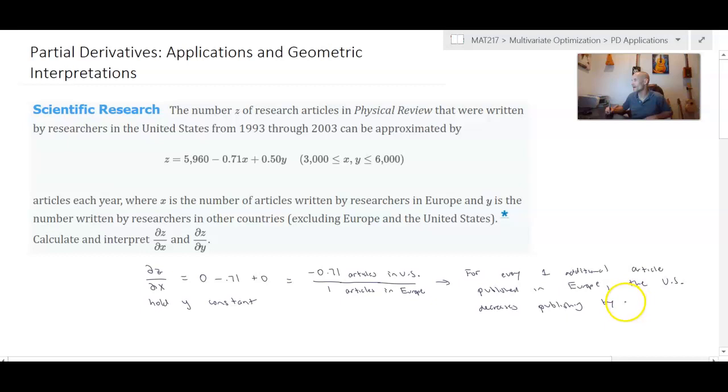So I'll just say by approximately 0.7 articles. In other words, as Europe continues to publish, the trend seems to be that when Europe is publishing more, the US is publishing less. So if we knew that this year Europe was going to increase their publishing by 100 articles, that would indicate that the US would be publishing 70 fewer articles.